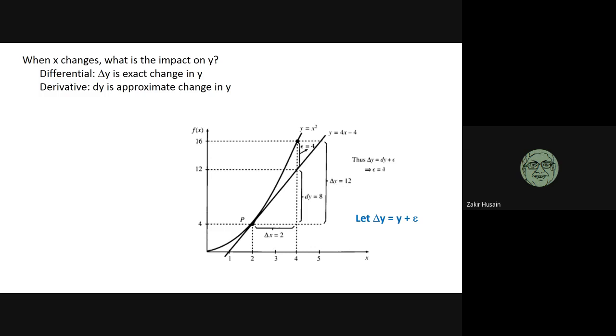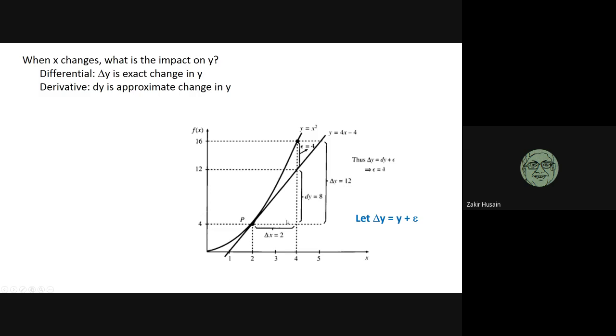When x changes, what is the impact on y? I have said the differential will give us the exact change in y. In this curve, this is a function in which we are interested: y equal to f(x), and in this case, f(x) is x squared. So we want to find out, if you are moving from point P and increasing x from, let us say, 2 to 4, what is the change in y?